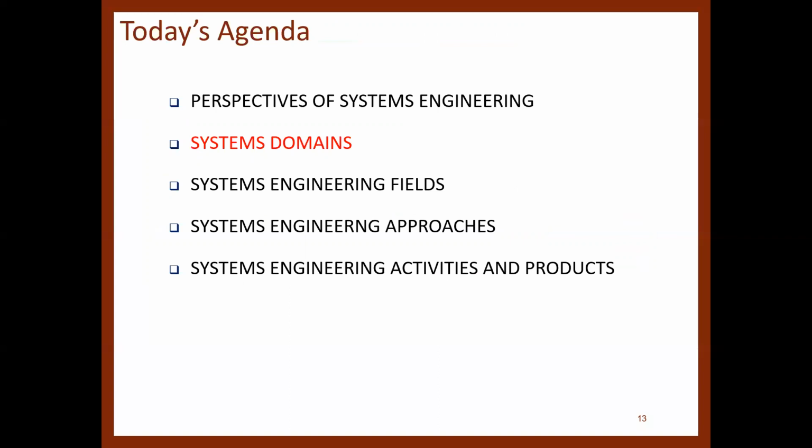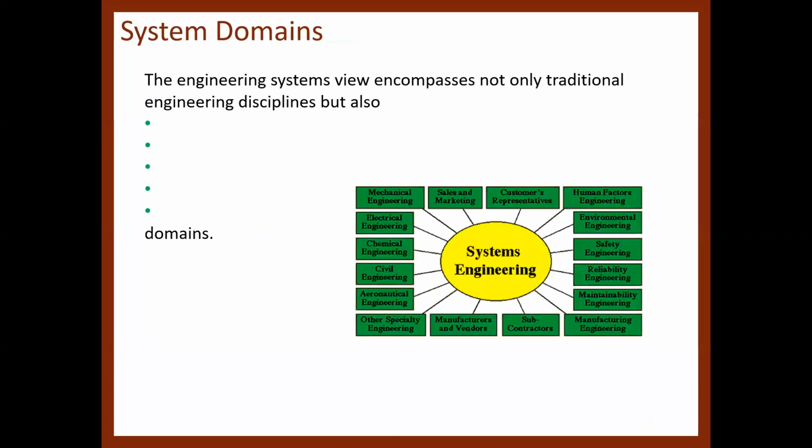So now that we have an understanding of the perspectives of systems engineering, we can talk about the system domains. The engineering systems view encompasses not only traditional engineering disciplines, but also technical, management, social, political, legal, and human domains.